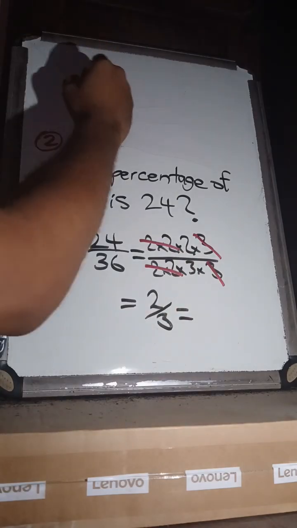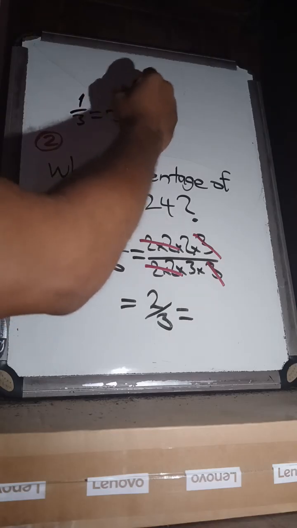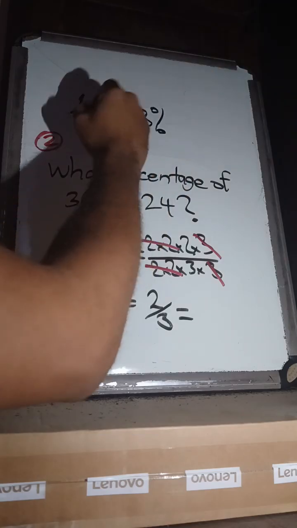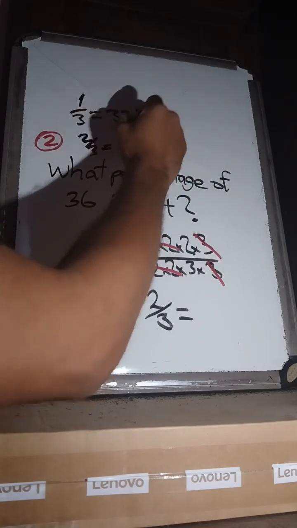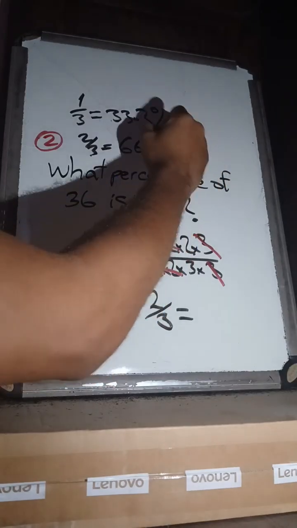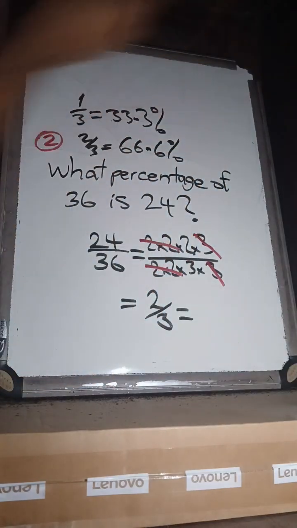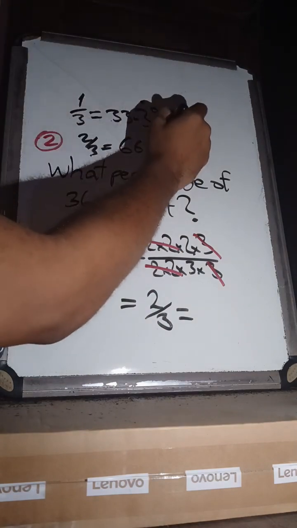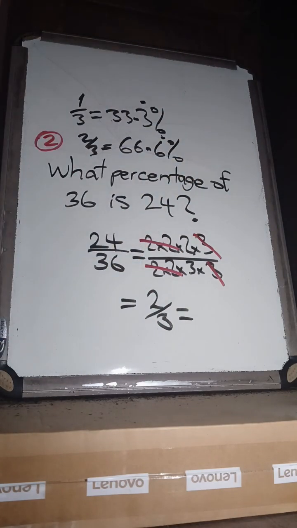You always remember 1 over 3 as 33.3, right? Your 2 over 3 is usually 66.6 or 7, but it's recurring. So this would be recurring, this would be recurring. So yeah, this would be 66.6 or 7 or whatever.